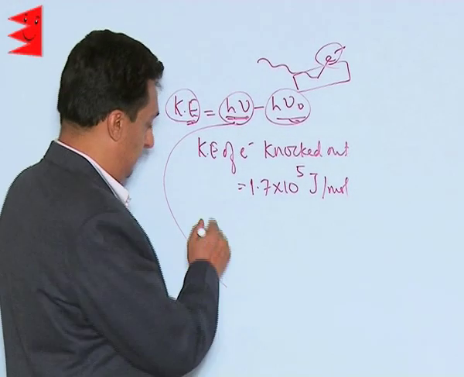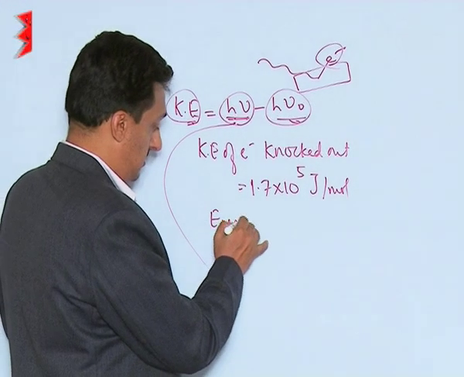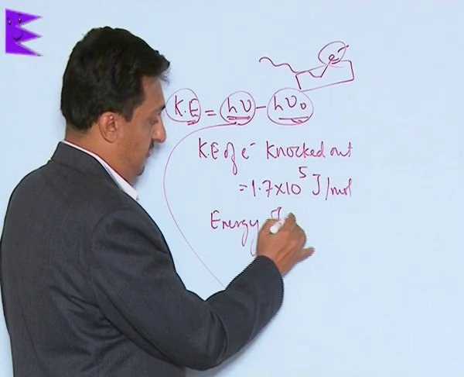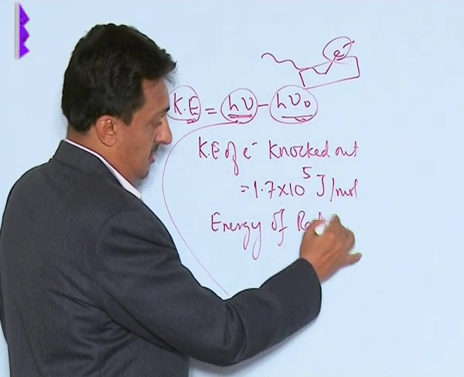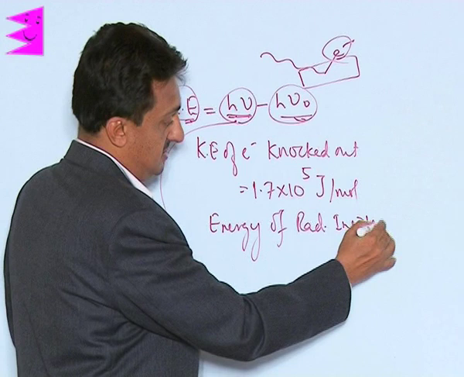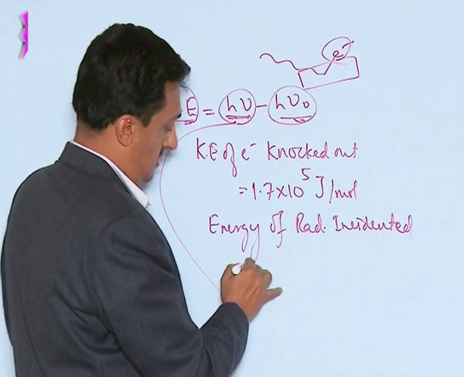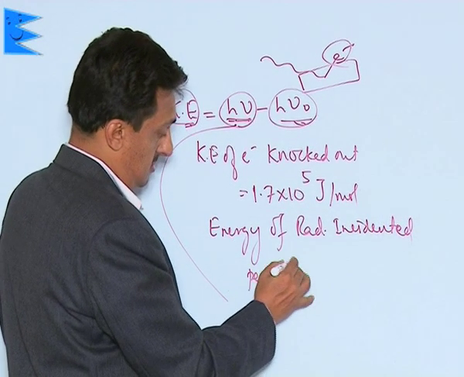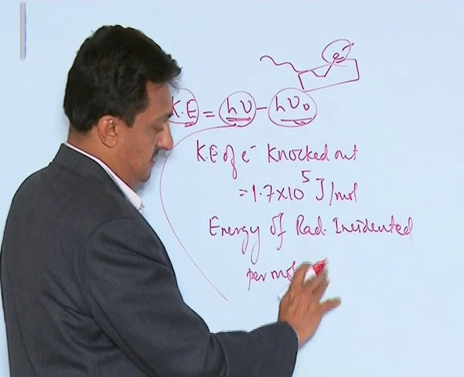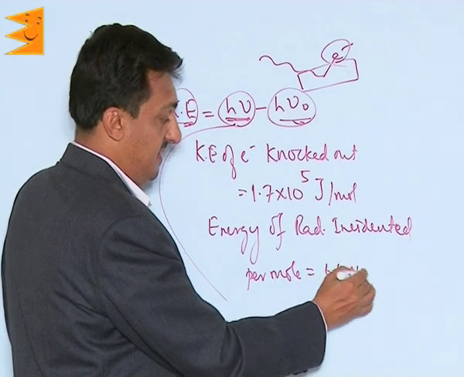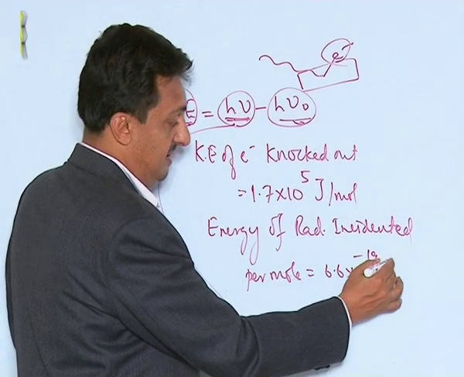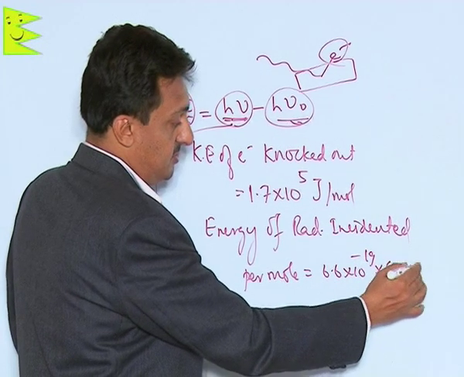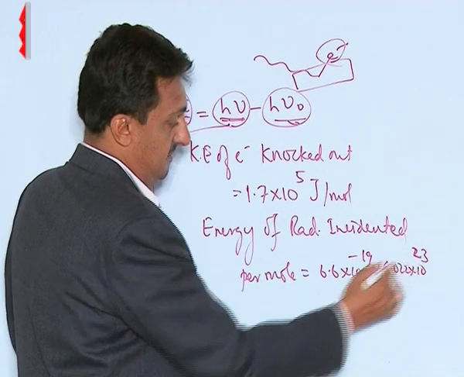So the energy of radiation incident per mole is 6.6 into 10 to the power minus 19 into 6.02 into 10 to the power 23.